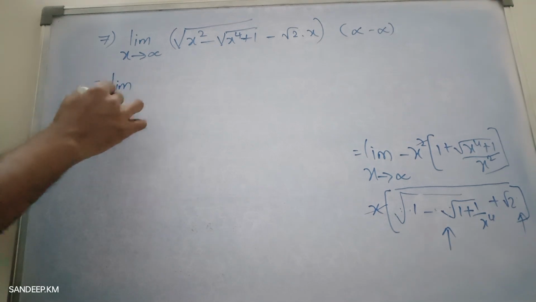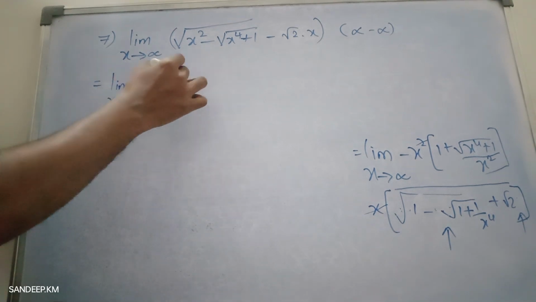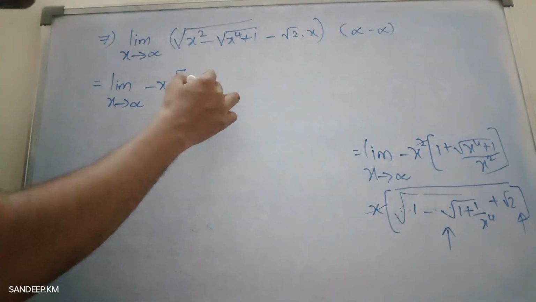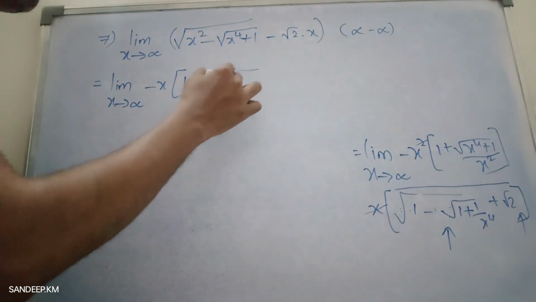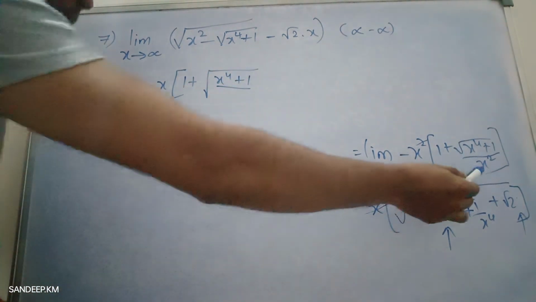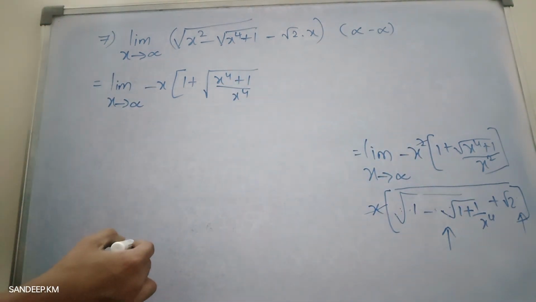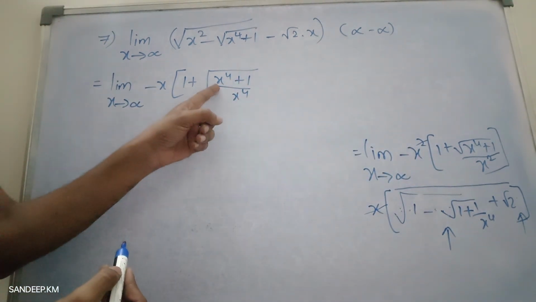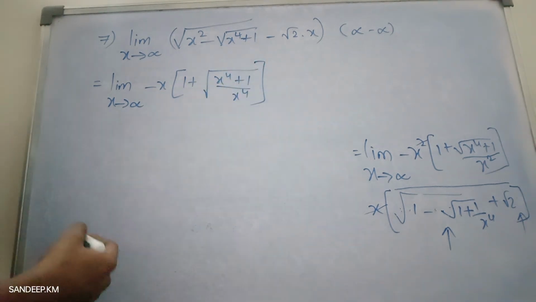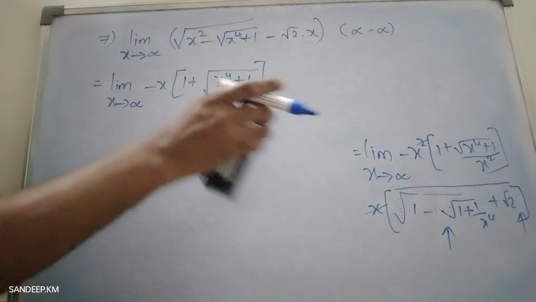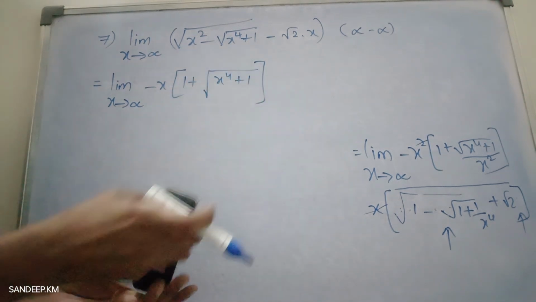Limit x approaches infinity minus x into 1 plus, take x square inside the root over x power 4 plus 1 in the numerator. X square went inside the root, now it becomes x power 4. Okay, x power 4 is a common denominator, separate it. So if I separate x power 4 as common denominator, what do we get?